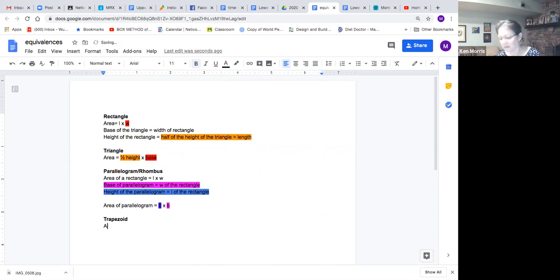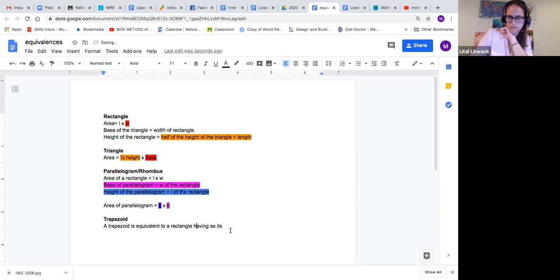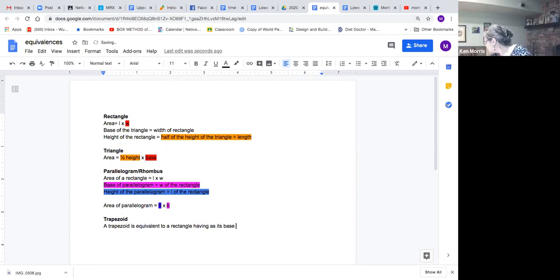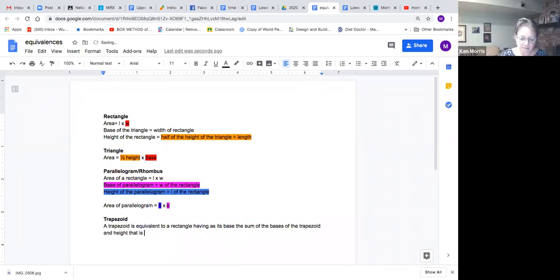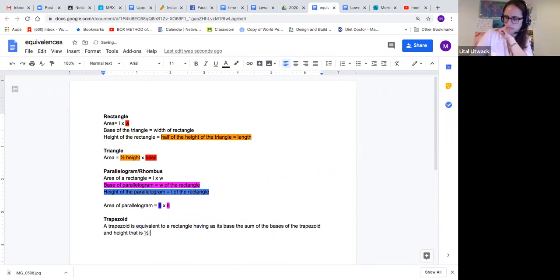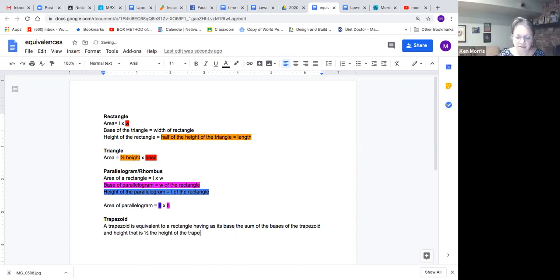It says, a trapezoid is equivalent to a rectangle having as its base the sum of the bases of the trapezoid and a height that is 1/2 the height of the trapezoid.